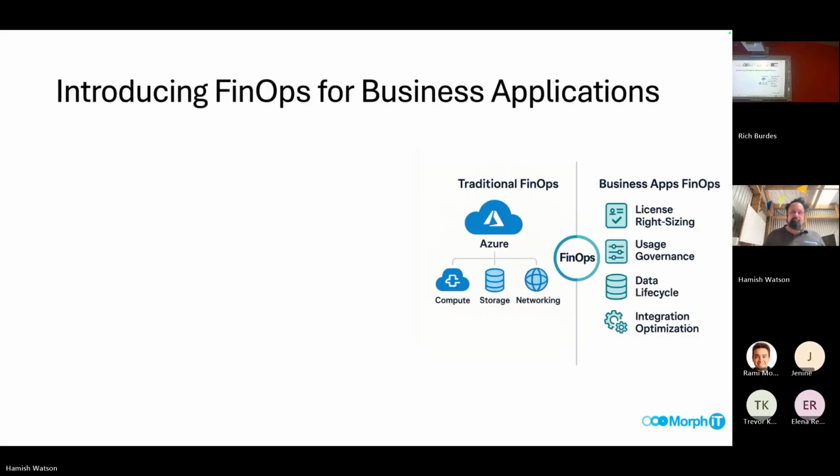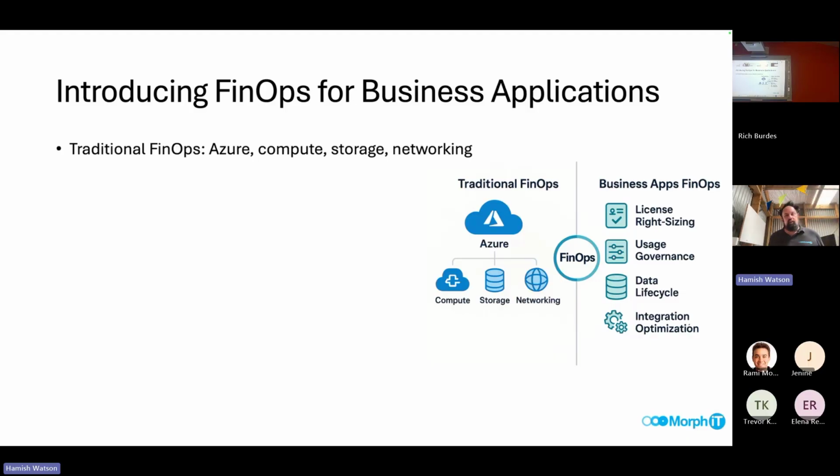So, if you've heard of FinOps, you might think, oh yeah, cool, Hamish, it's all about Azure. It's for VMs, storage accounts, my network egress, so data coming out of Azure going somewhere.